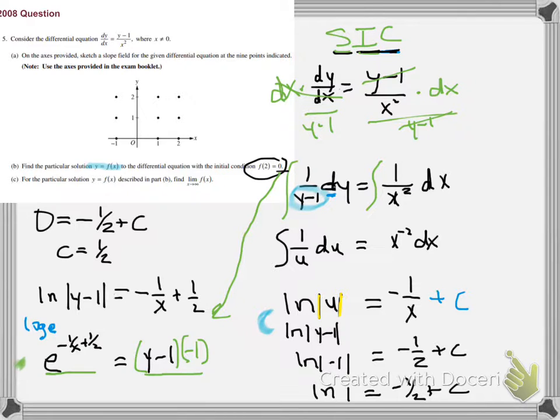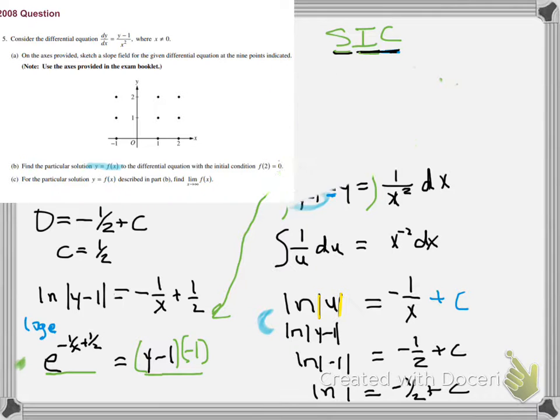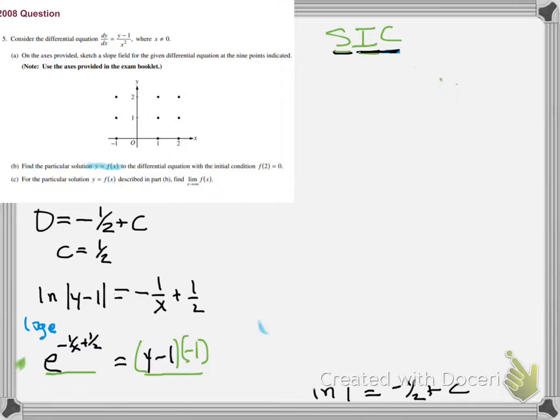And so in the end, what we're going to get, and go ahead and create some space over here for us to do some work, is we're going to get e to the -1 over x plus 1/2 equals -y plus 1.